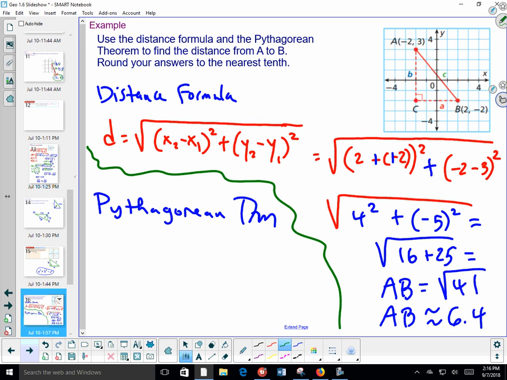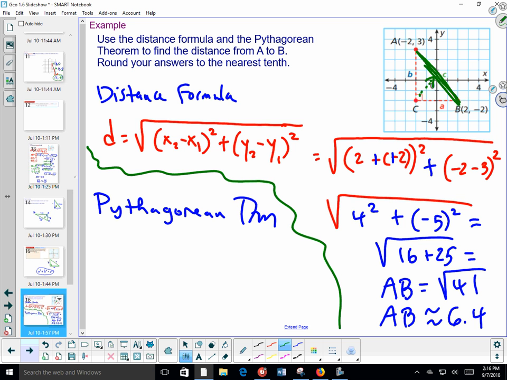What do we call it? Is it a leg or the hypotenuse? Leg. So AB is the leg? Do people agree? Isn't AB the one that's across from the right angle? Yeah, C is. Here's AB right here.